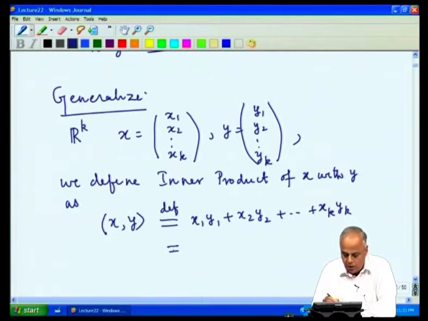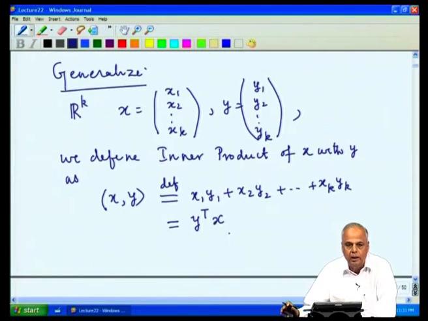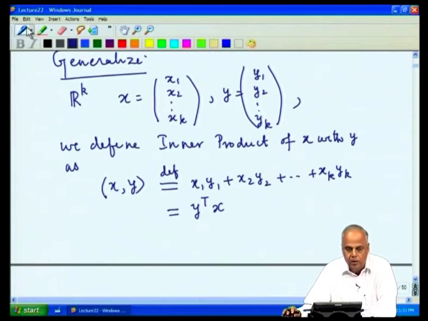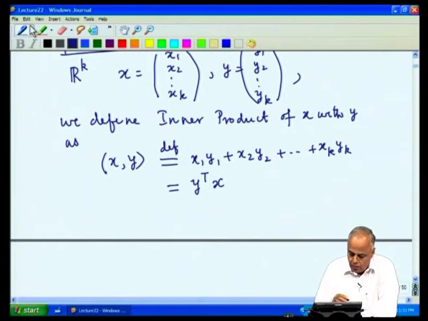You may notice that this is the same as taking the matrix y and taking its transpose and multiplying with the matrix x. The column matrix y, its transpose will be a row matrix. So, we have a row matrix and we multiply this row matrix by this column matrix, the result will be a number, and therefore, you observe that the inner product of two vectors is a number. So, we define the inner product of two vectors in R k by this definition.